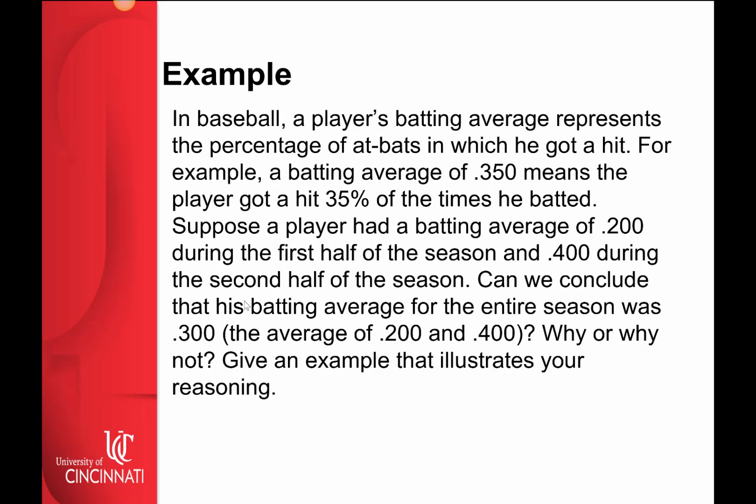What you need to do is maybe in the first half, he got 1 hit on 3 trips to the plate. During the second half, let's say he got 20 hits on 100 trips to the plate.